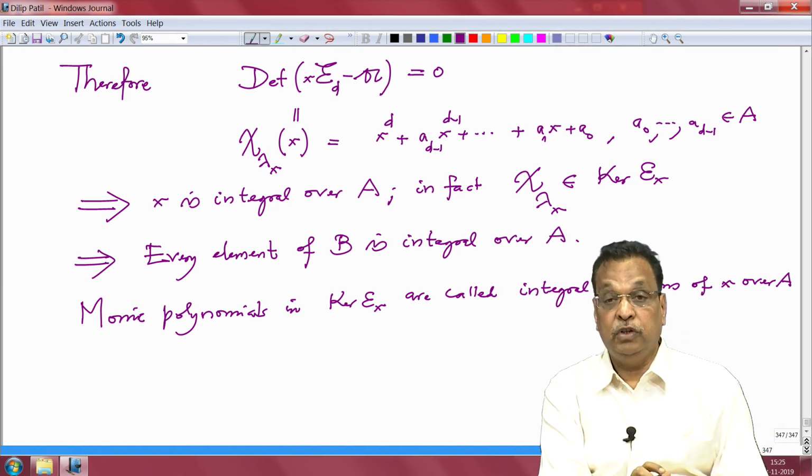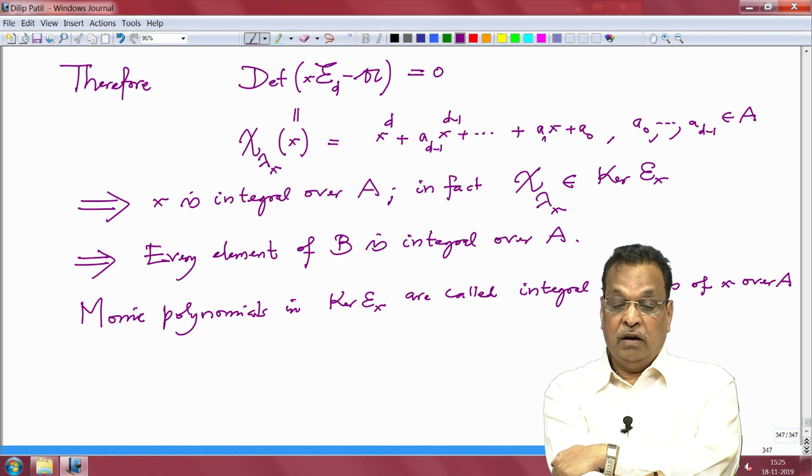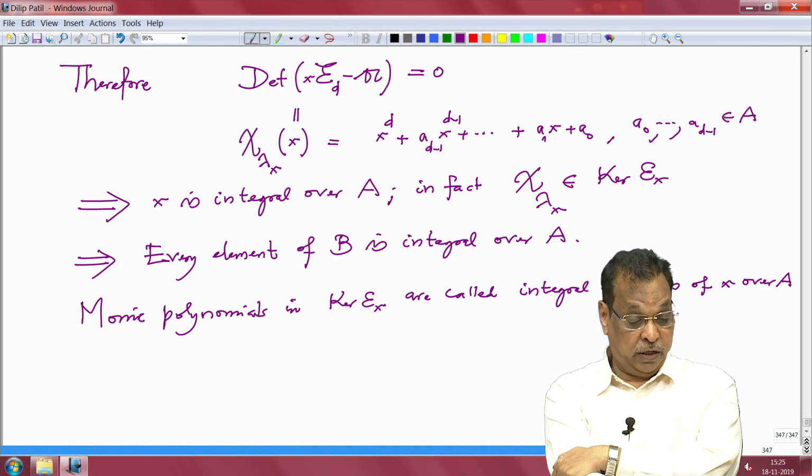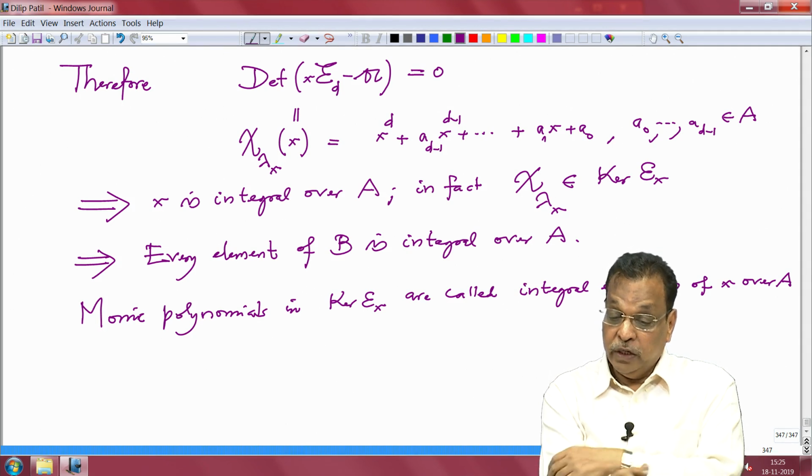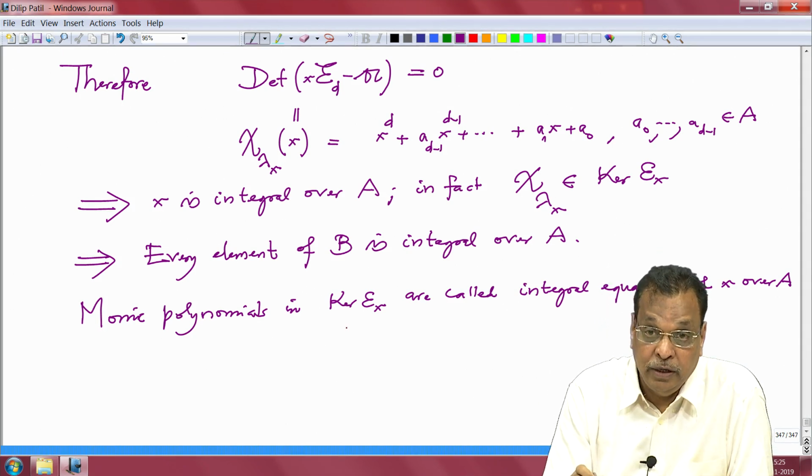The above process shows this under the very strong assumption that the algebra is finite and free over the ring A, and we do not even know whether this kernel is a prime ideal or maximal ideal; all this information we do not know.